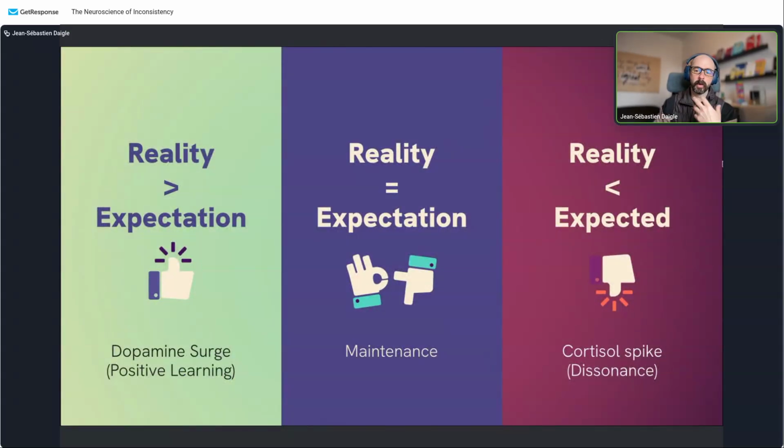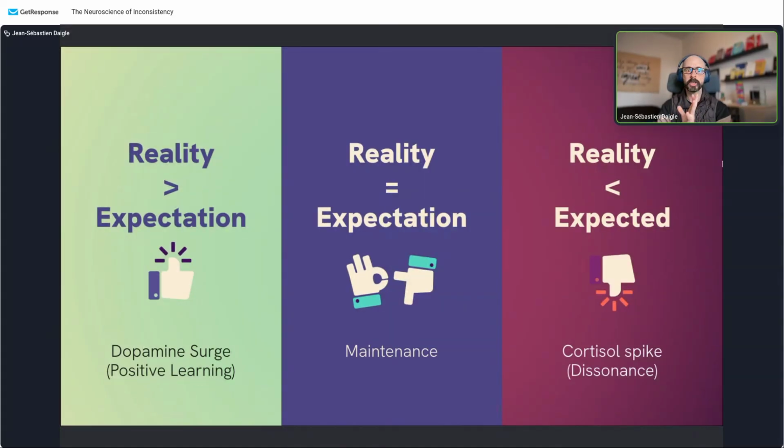So the way we've analyzed all these things, and it's also backed by a couple of things we've read before, is that sometimes we have an expectation of reality, and when the reality is bigger than what we expect, usually we have a dopamine surge.